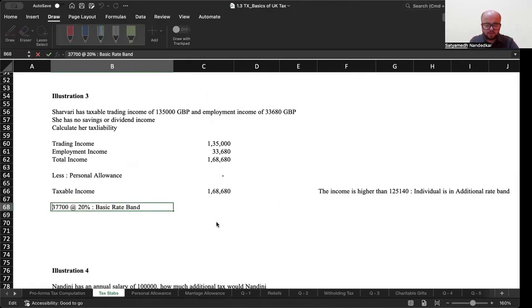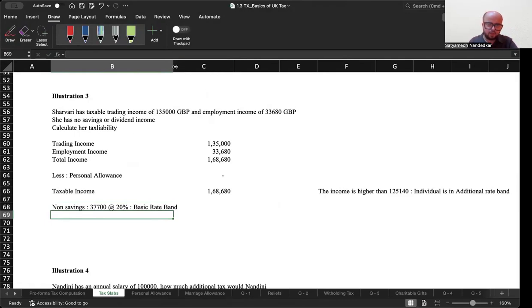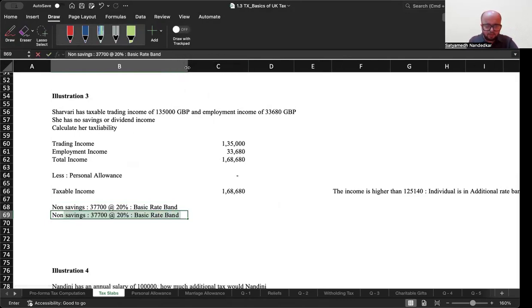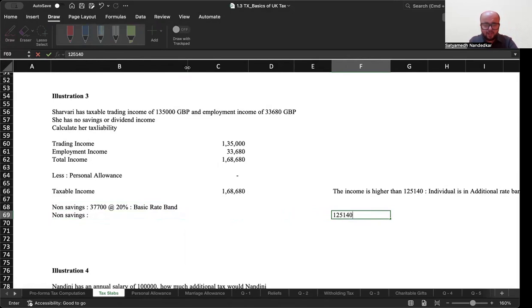This is your non-savings income. Once you cross the basic rate band, you go into the higher rate band. The higher rate band is 37,701 to 125,140.